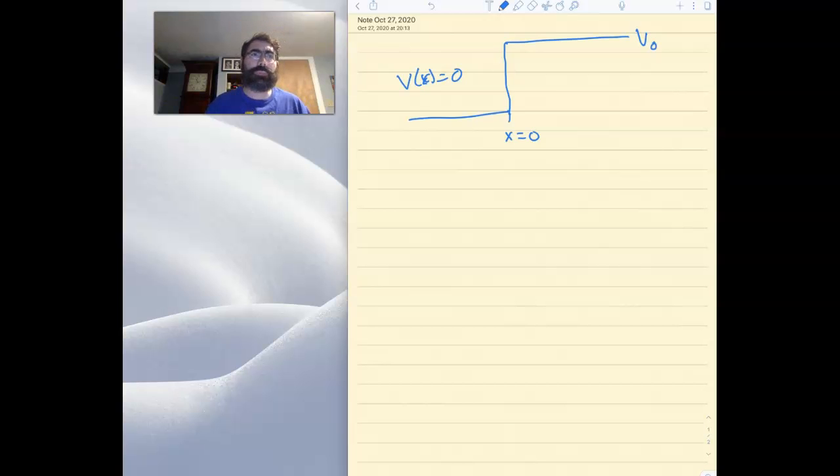We focused on the incident wave function, first working out its wave function in terms of time at the start, t equals 0, and then propagating that wave function with respect to time. Now what I want to do is focus on the reflected wave function and the transmitted wave function.